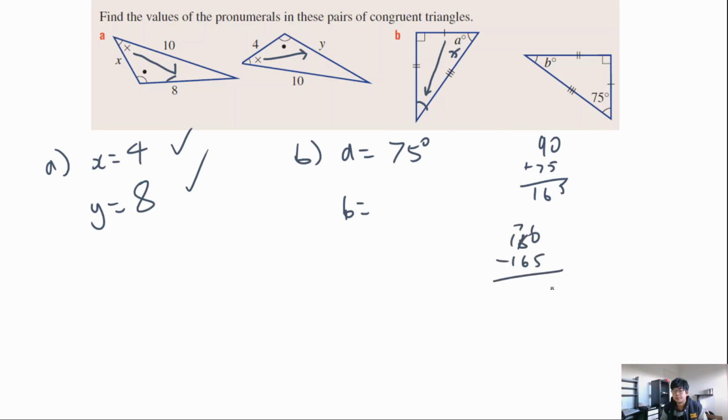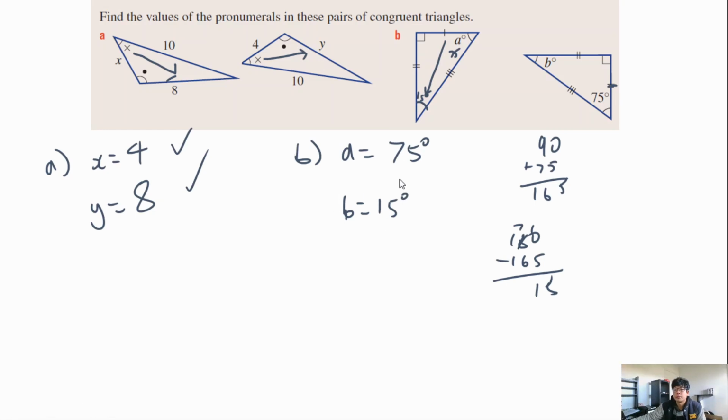That gives me an angle size of 15 degrees. So if that's 15 degrees, this one is also 15 because they're both congruent and directly opposite to the side length marked with the 1 line there. So B is going to be 15 degrees.